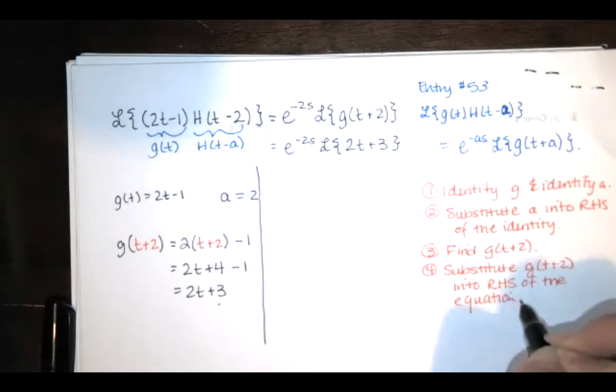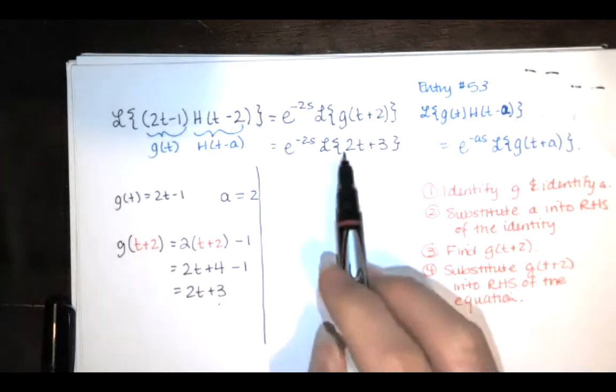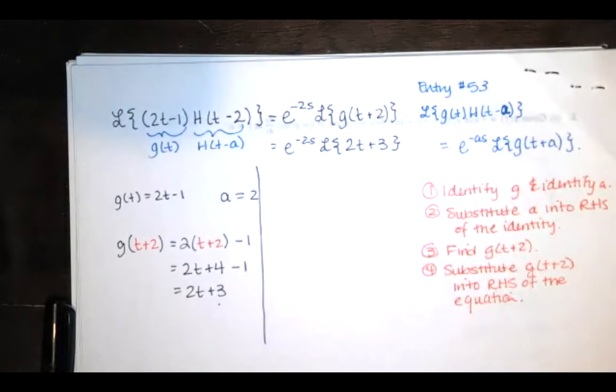Okay. And then the last thing we need to do is just compute the Laplace transform of this and make sure you keep that e to the negative 2s right there.